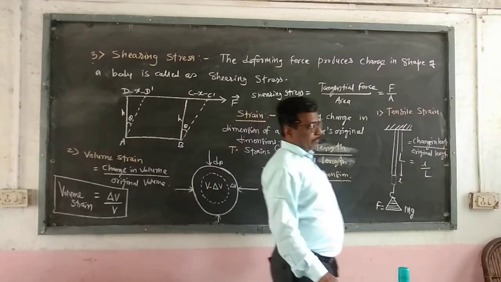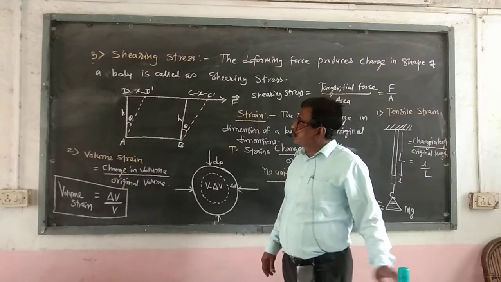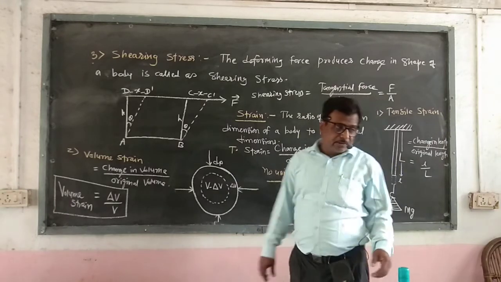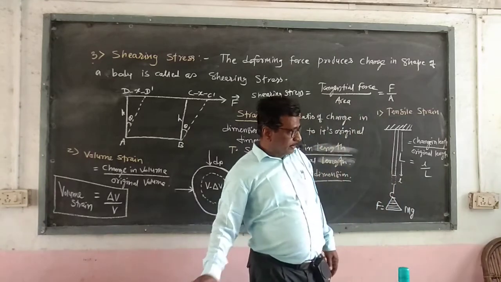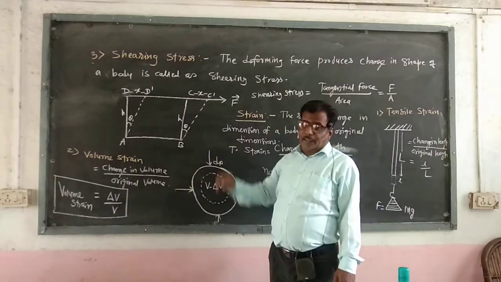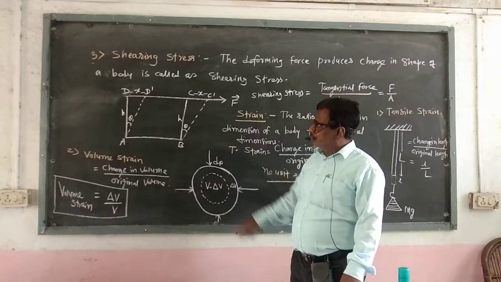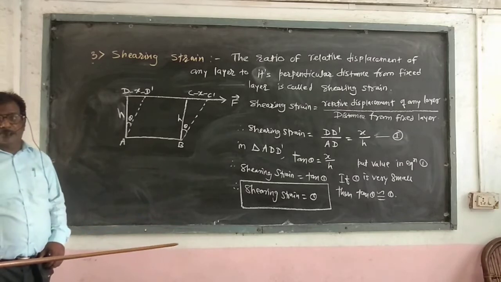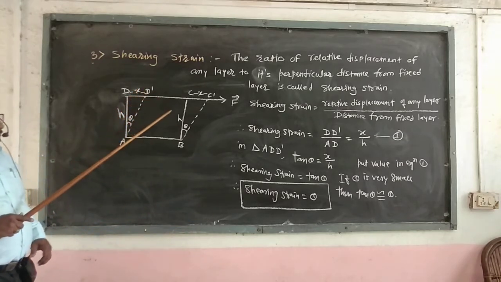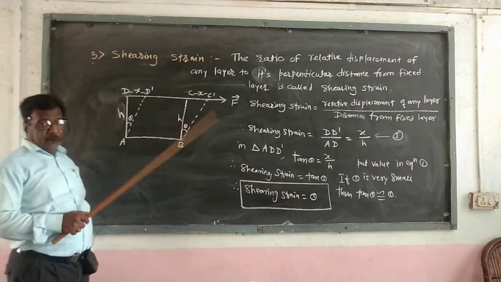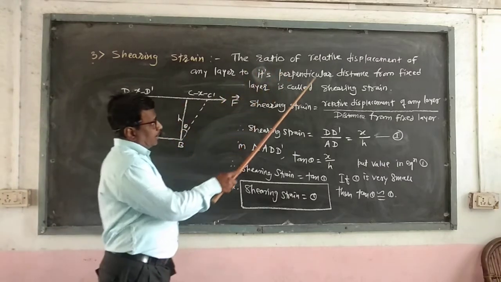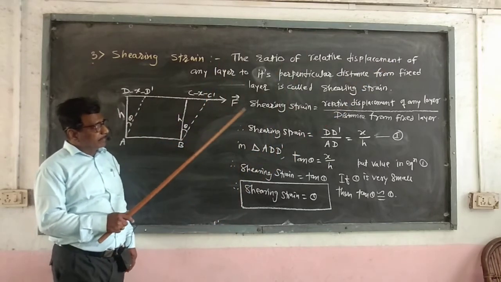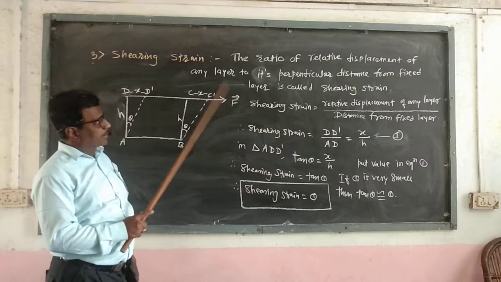Now we see the third type, which is called shearing strain. For shearing strain, we again consider the same diagram. Shearing strain is defined as the ratio of relative displacement of any layer to its perpendicular distance from the fixed layer.